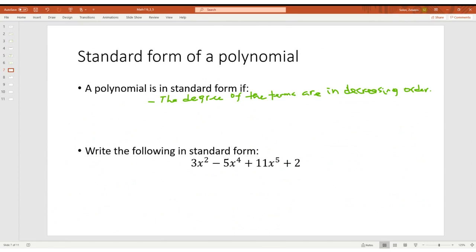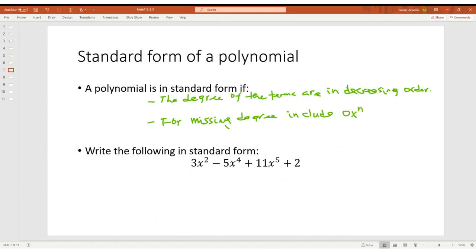Okay. Now the next one is for missing terms. If there is any missing degree, for example, the highest degree is 5 and you are missing degree 3, you have to include 0 x to the power of 3. So for a missing degree, include 0 x to the power of n.